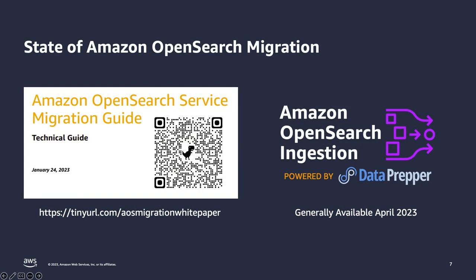In the current state of Amazon OpenSearch migration specifically, this year we have published a technical white paper guide on migration back in January 2023.